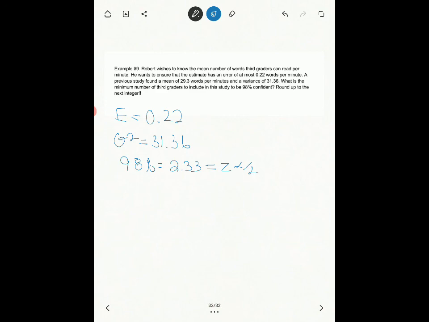We need to find the standard deviation, so we're going to be doing the square root of 31.36. When we do that, we find 5.6. So n is equal to the z sub alpha over 2, which is 2.33, times the standard deviation, sigma, which is 5.6, divided by the error, which is 0.22, and then we square that.